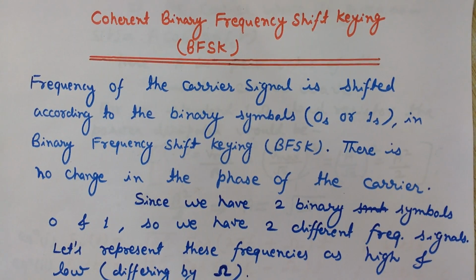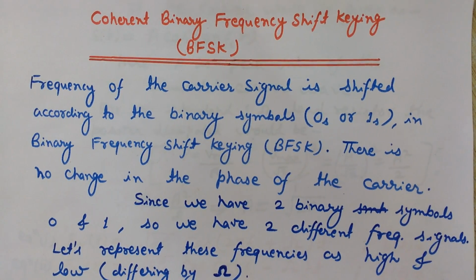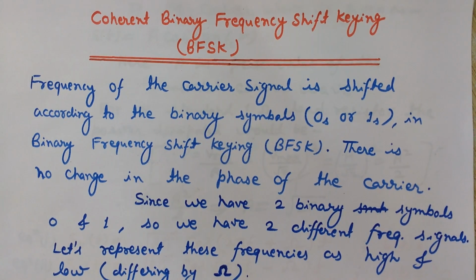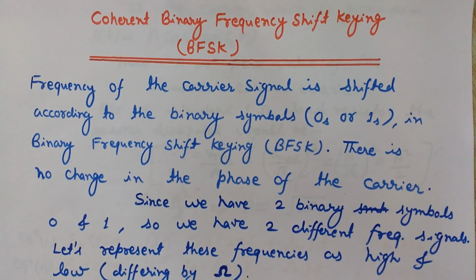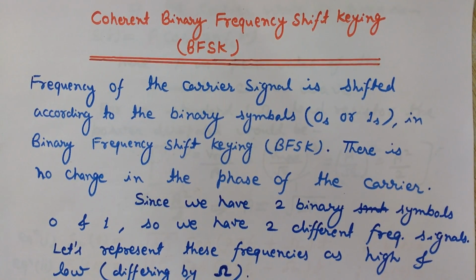The frequency component corresponding to the 0 will have a lower frequency, and the component corresponding to digital input 1 will have a correspondingly higher frequency component. So the waveform has two different frequency signals. If we represent these frequencies as high and low, for mathematical purposes we are using omega to distinguish the difference in high and low frequencies.